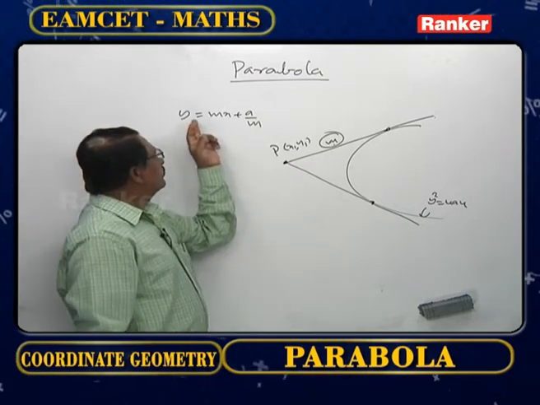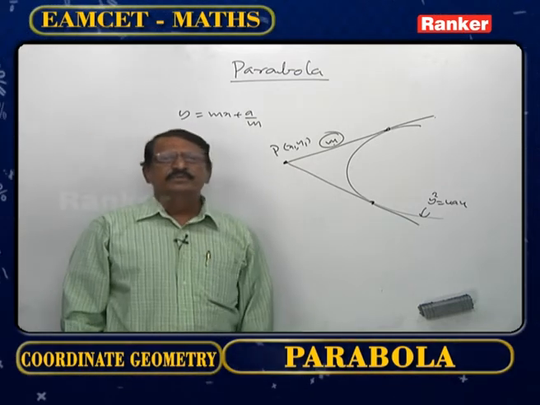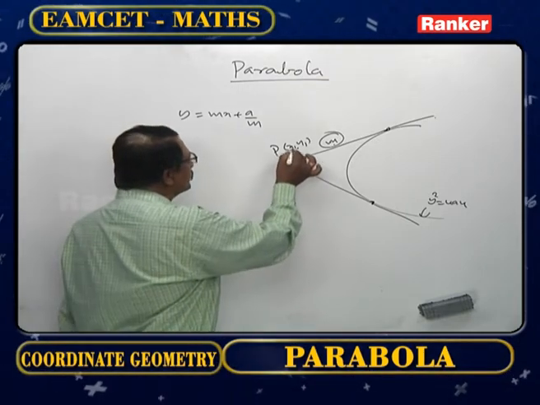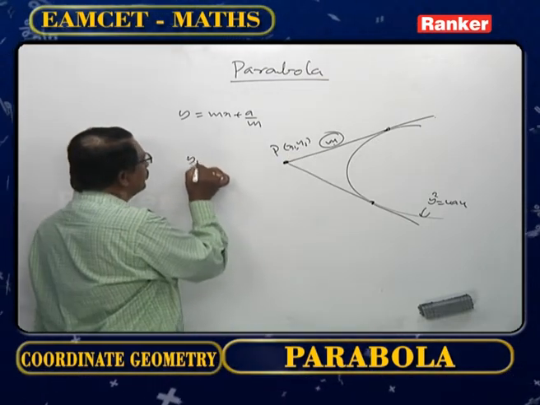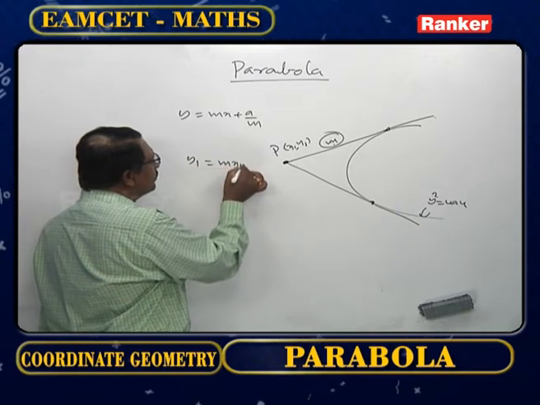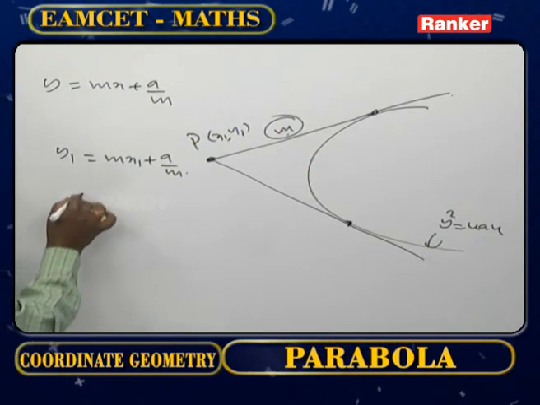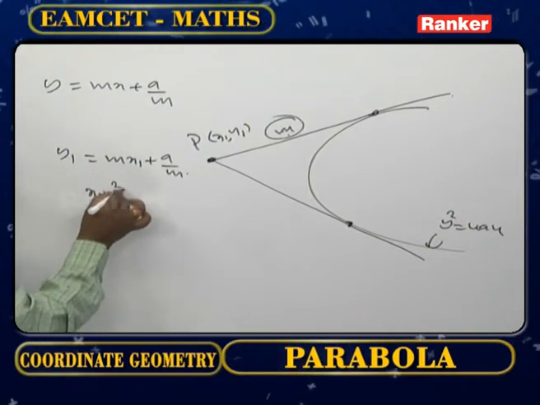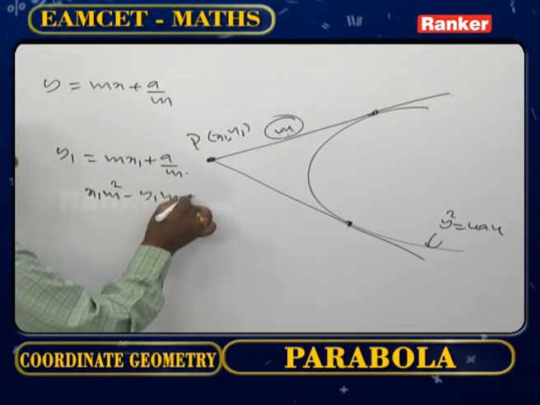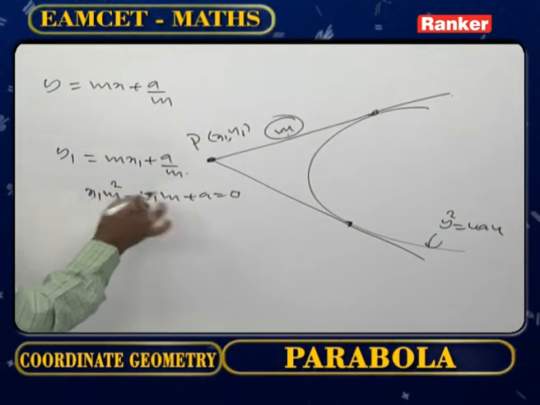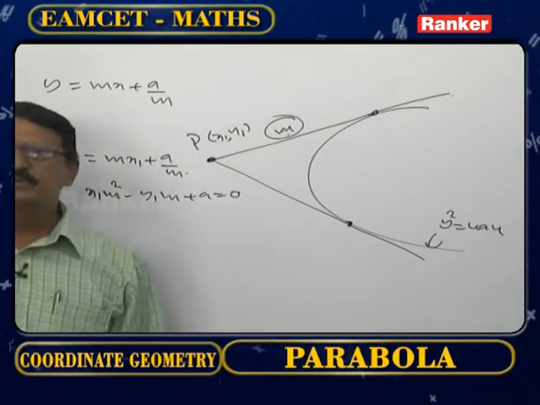Then the equation of the tangent in slope form is y equals mx plus a by m. Since the tangent passes through (x1, y1), y1 equals m x1 plus a by m. Taking LCM as m, we get x1 m square minus y1 m plus a equals 0.